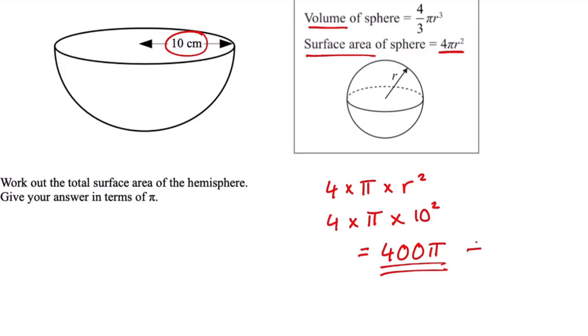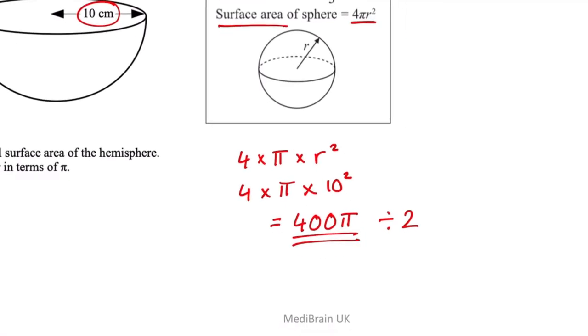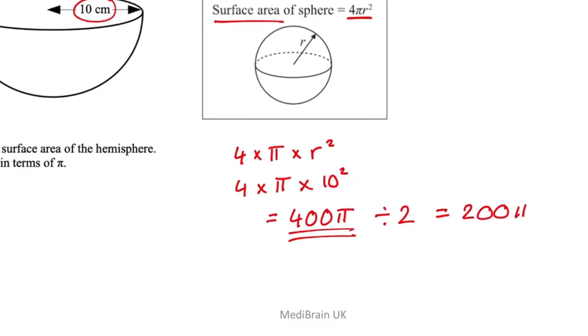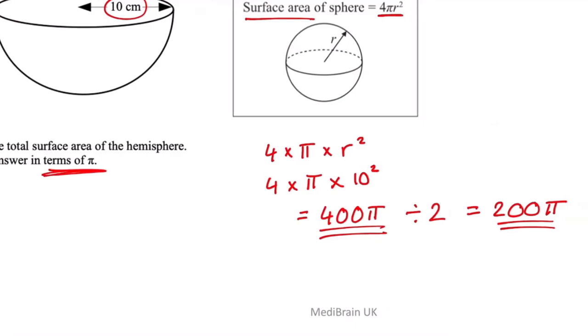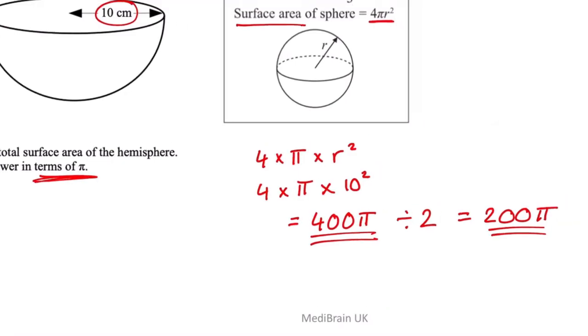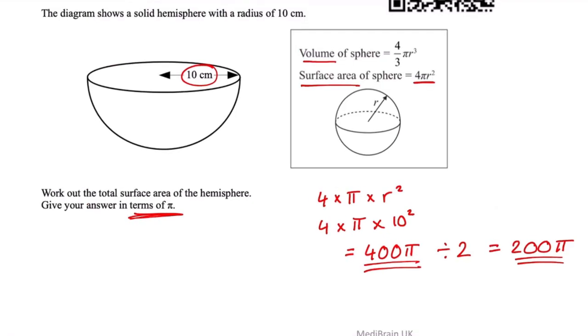So what you're going to do is divide this by 2, because we only have half of it. 400 pi divided by 2 gets us 200 pi. It says give your answer in terms of pi, so we don't want it as a decimal. So we've worked out the surface area of the curved part.